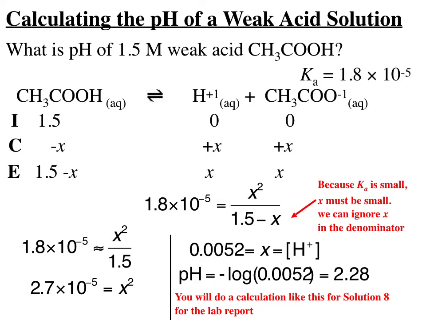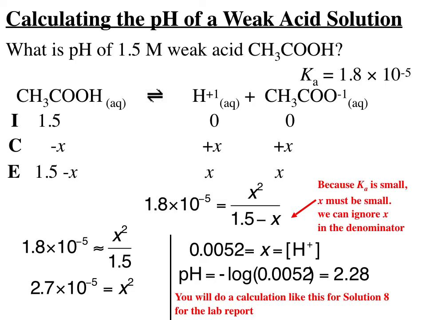So there's very little H plus and CH3COO minus, and there's mostly CH3COOH at equilibrium, and that is indicated by the smallness of the K value. Now this is called a Ka because it's associated with an acid equilibrium constant.